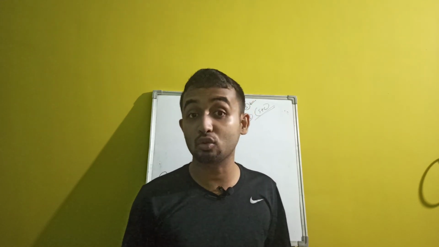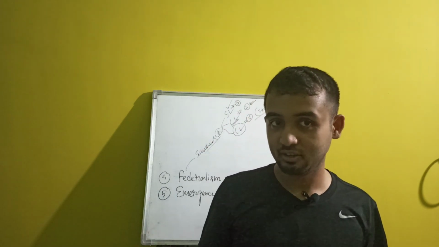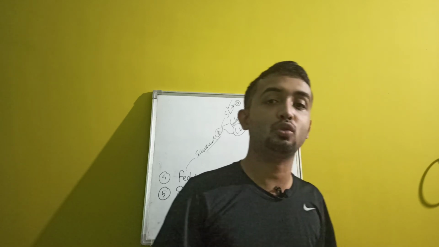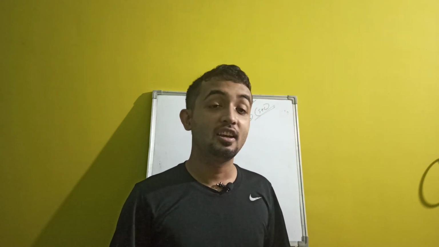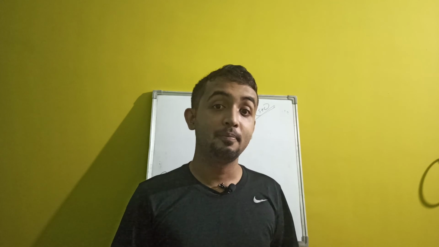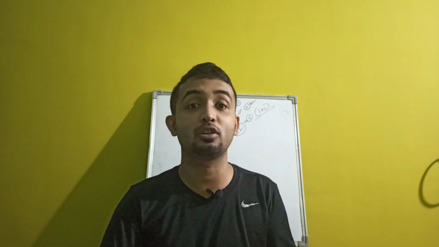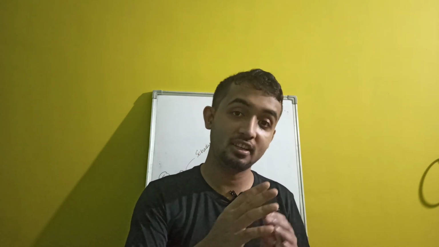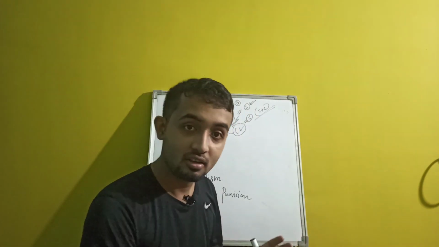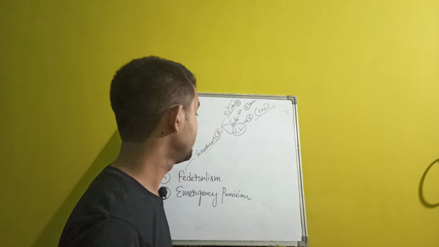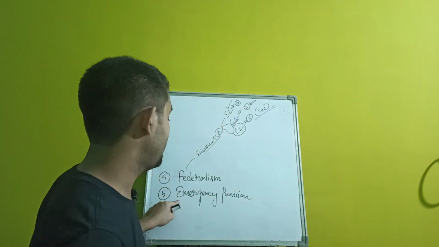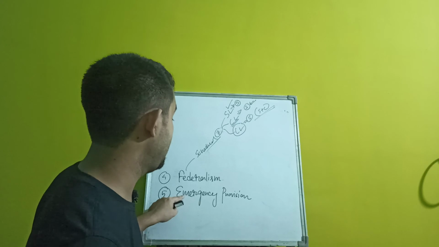Okay, so India is not truly federal. Though division of power exists, it is not truly federal. It sometimes becomes unitary tilt, meaning the central government has more power in some provision or some issue. Okay?